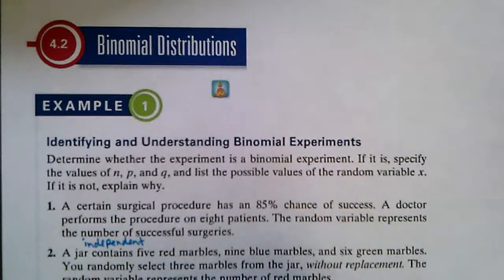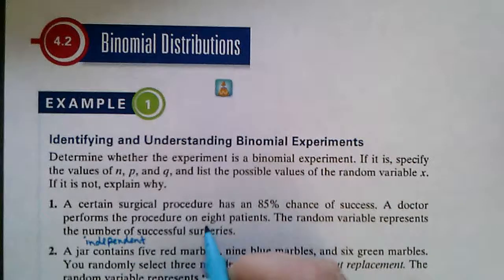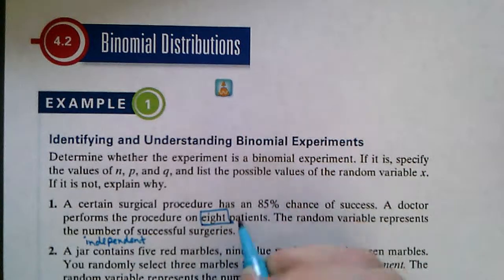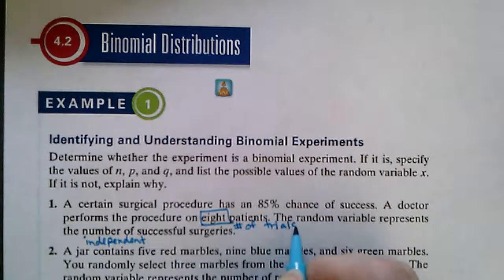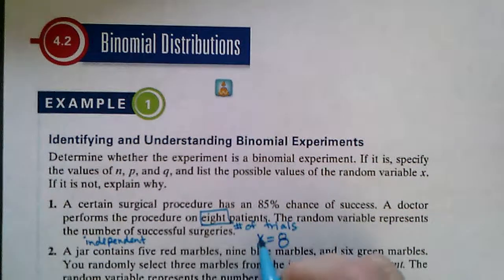Another requirement is we have a fixed number of trials. The doctor is going to perform the procedure on 8 patients. So that's our number of trials, which is fixed. So n is going to equal 8, number of trials.